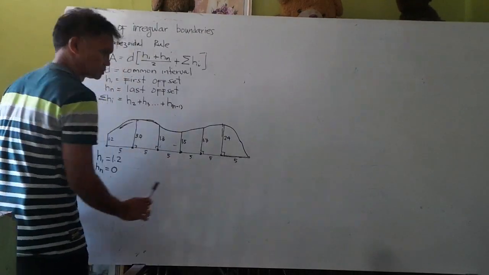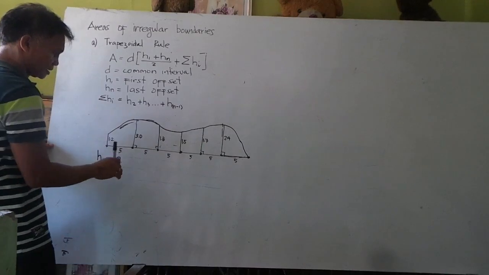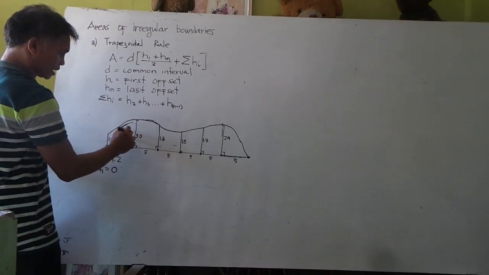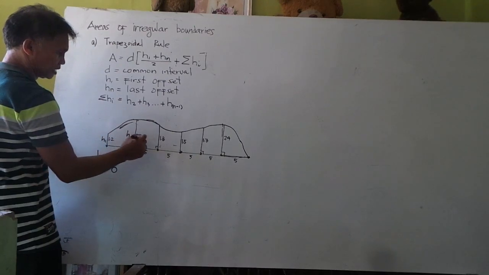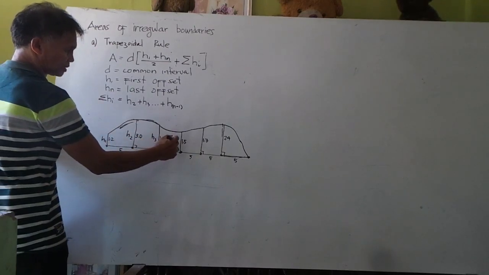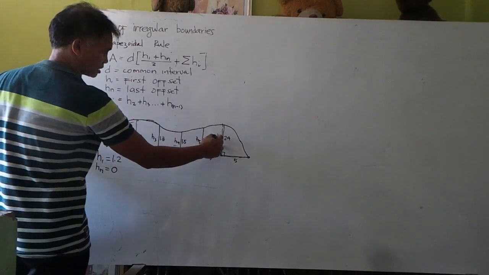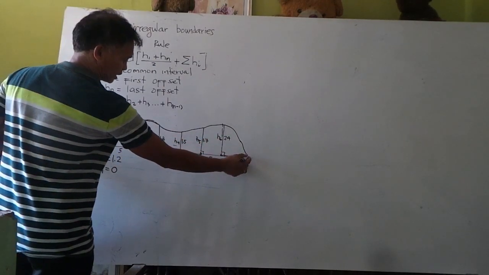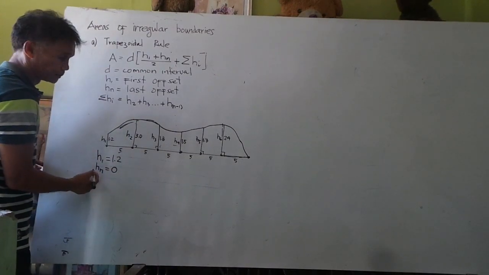Memorize this: it's 1, 2, 3, 4, 5, 6, 7, and the last one, n, is equivalent to 0.